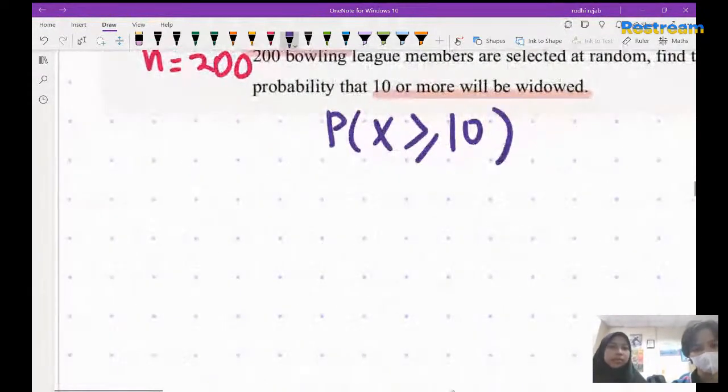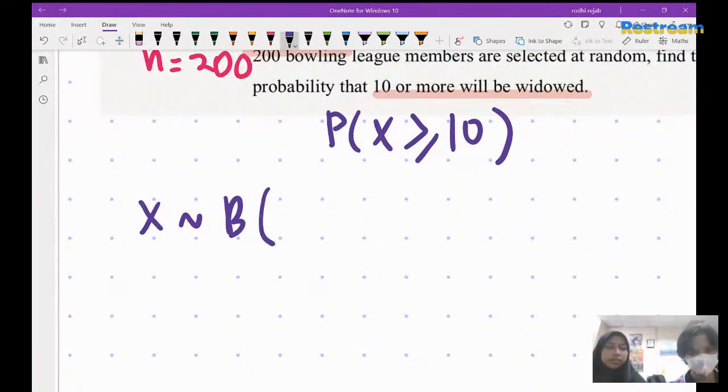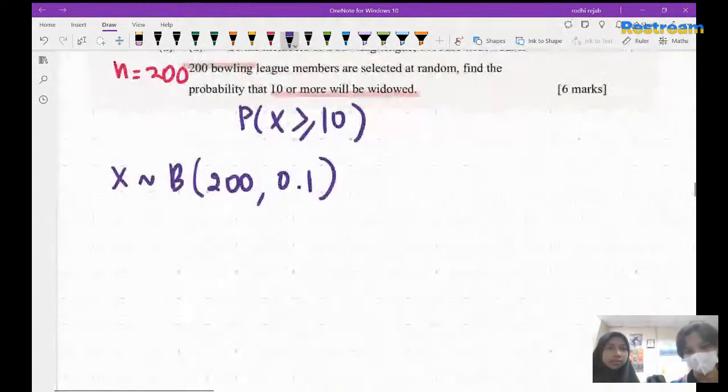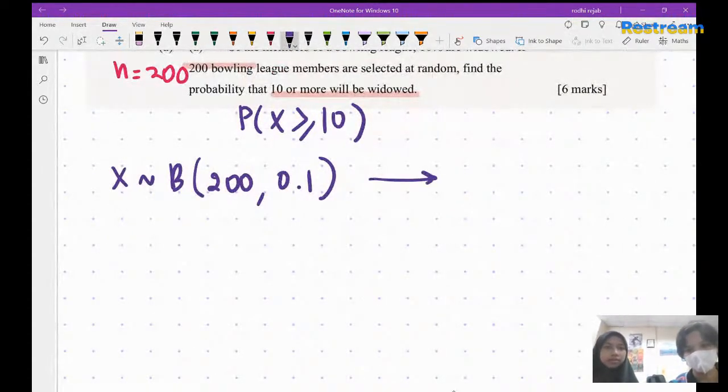At first, there will be X, binomial, 200, 0.1. And because N is too large, we need to change it into normal. Normal, this one is mean and standard deviation.